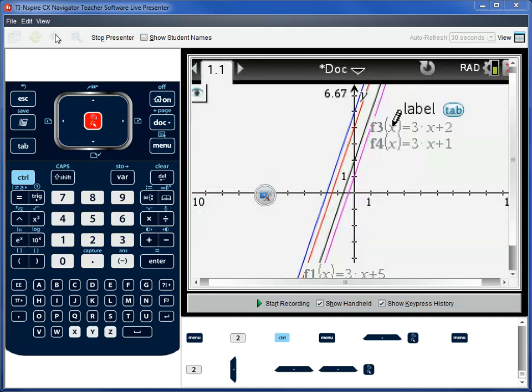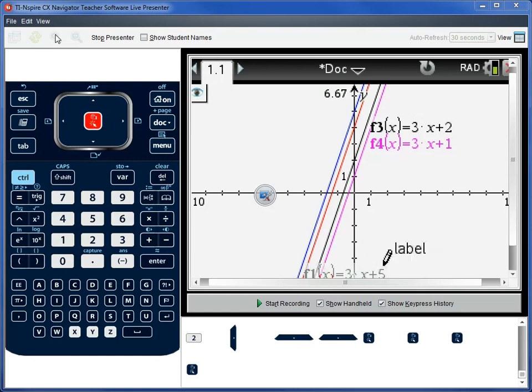Okay, so I'm going to unhide this label. I'm going to unhide this label. I'm going to unhide this label. And I'm going to unhide that label. Okay. Now I've unhidden all my labels.